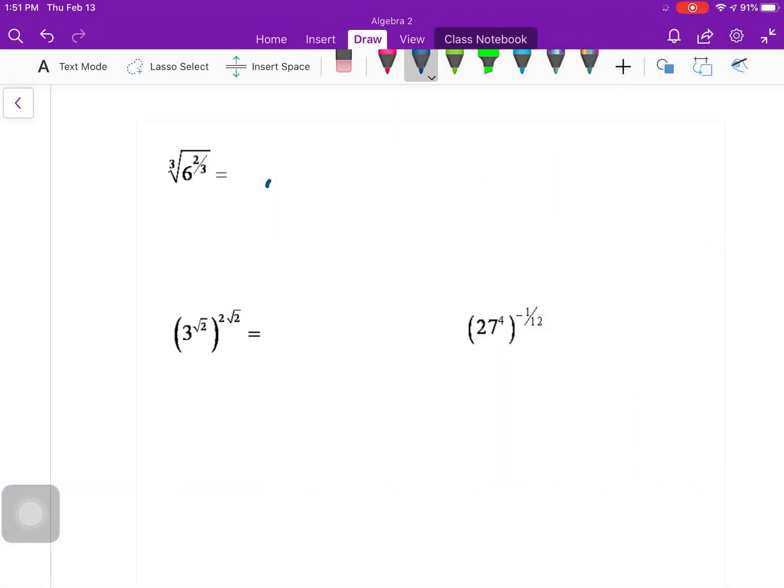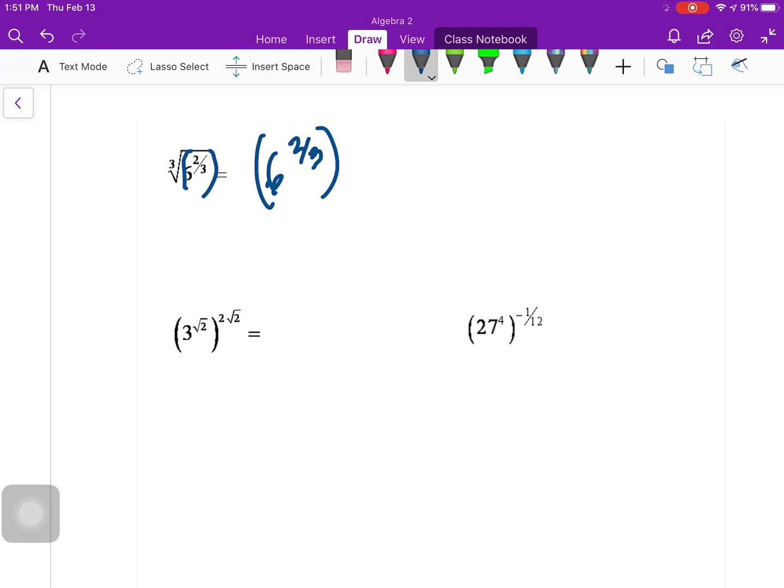Okay, we're going to continue on with reducing these radicals in exponential forms. Our first one is the cube root of 6 to the 2/3. Would you agree with me that 6 to the 2/3 is inside the cube root?